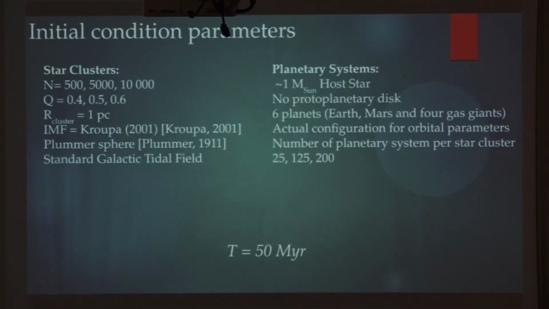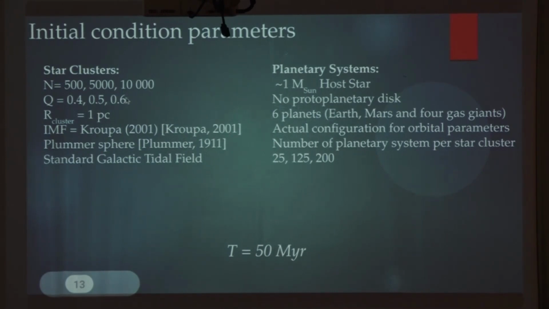Let's give a little introduction to the initial condition parameters. So, as you see here, if you see my mouse, we have three different conditions for the number of stars and for the virial ratio. So the number of stars means that each of those have always the same dimension. So this basically is a different density for all the star clusters.